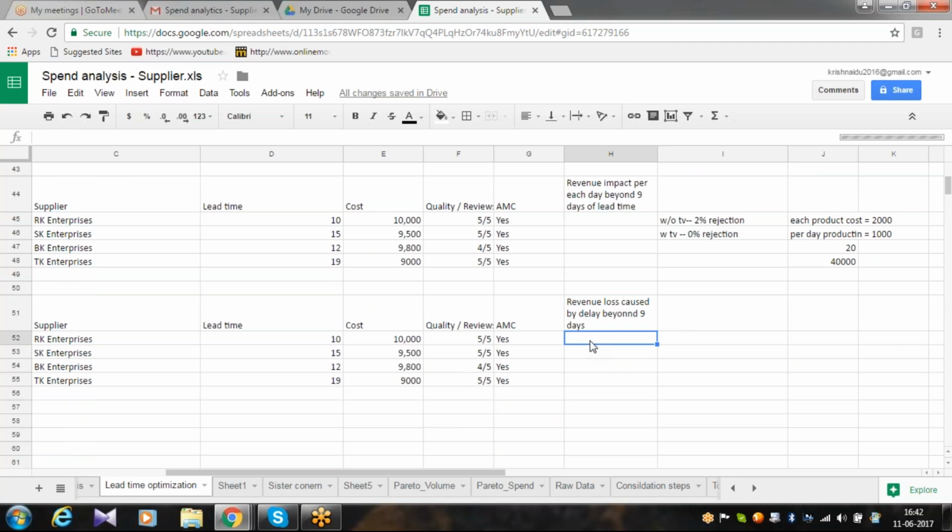So what we'll do here? We'll measure how many days of delay. For 9 days we don't have any revenue loss, but beyond 9 days we have a revenue loss.